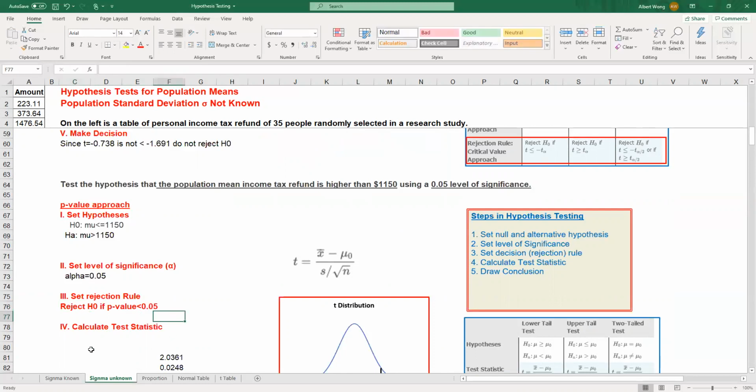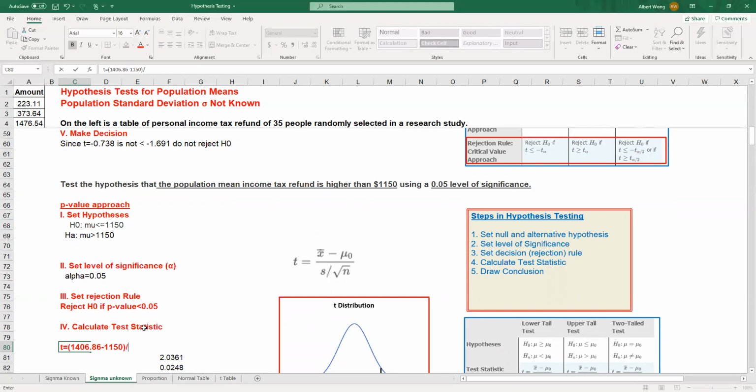And the test statistic, right? So how do we calculate the test statistic? Compare what you see, which is 1406.86, this is the x bar, with what you want to test, which is 1150.